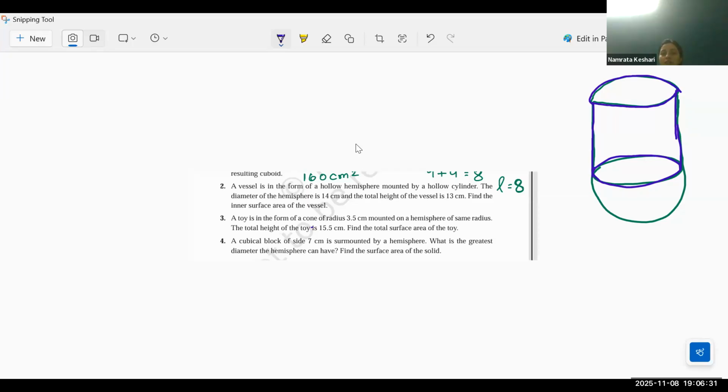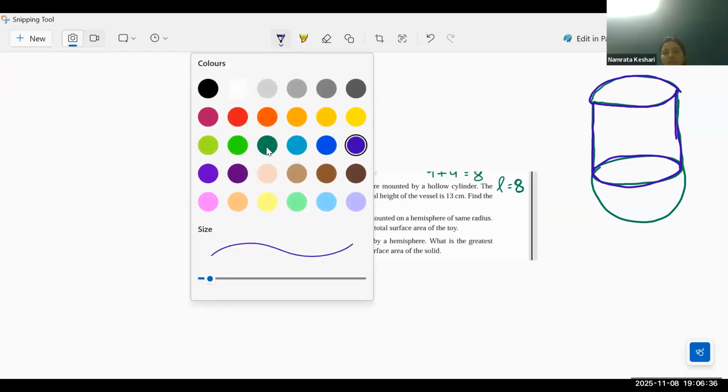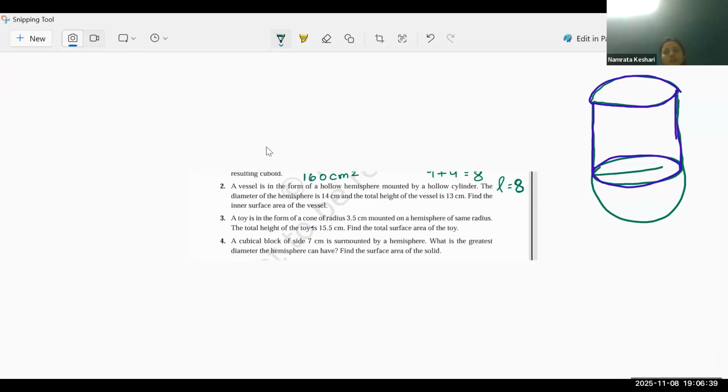The diameter of the hemisphere is given as 14 centimeter. As you understand from when we solved questions for a right circular cylinder and right circular cone, the diameters will always be the same.